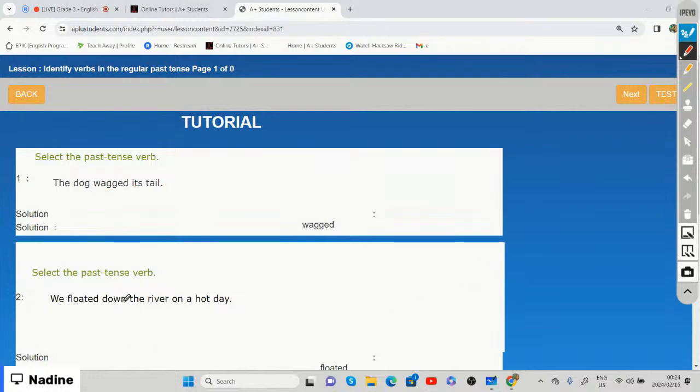We floated down the river on a hot day. We need to select the past tense verb. What is our regular past tense verb?